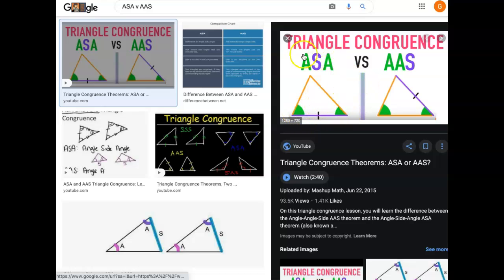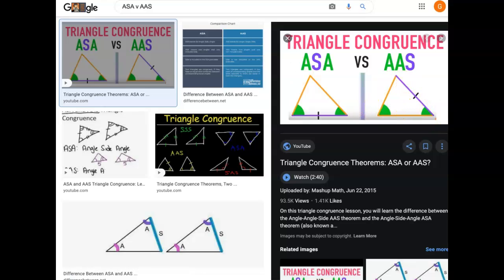Then the one after this will be angle-angle-side. Notice how the S is not between the two A's. That's because angle-angle-side uses two angles and a non-included side. Again, for angle-side-angle the side is included between the two angles, and for angle-angle-side the side is non-included, or not between the two angles.